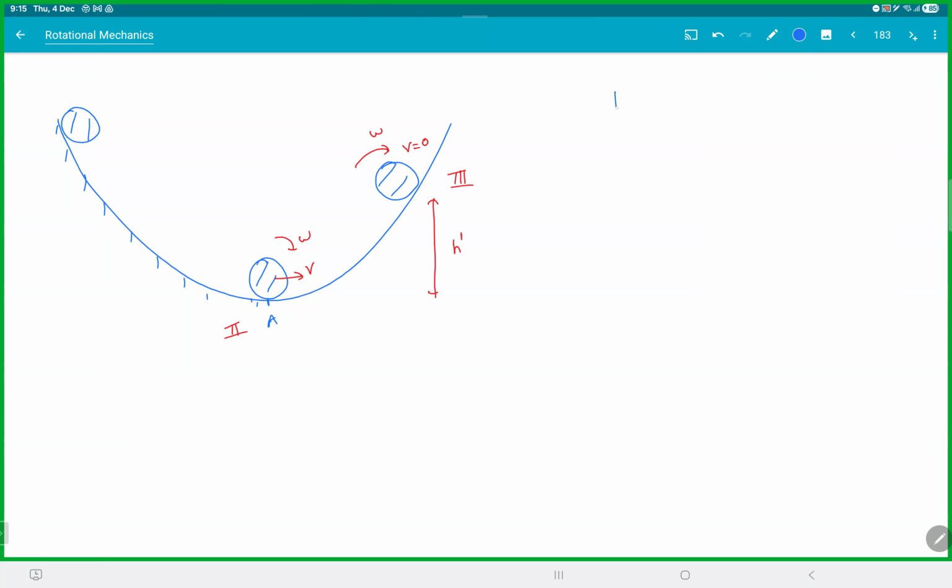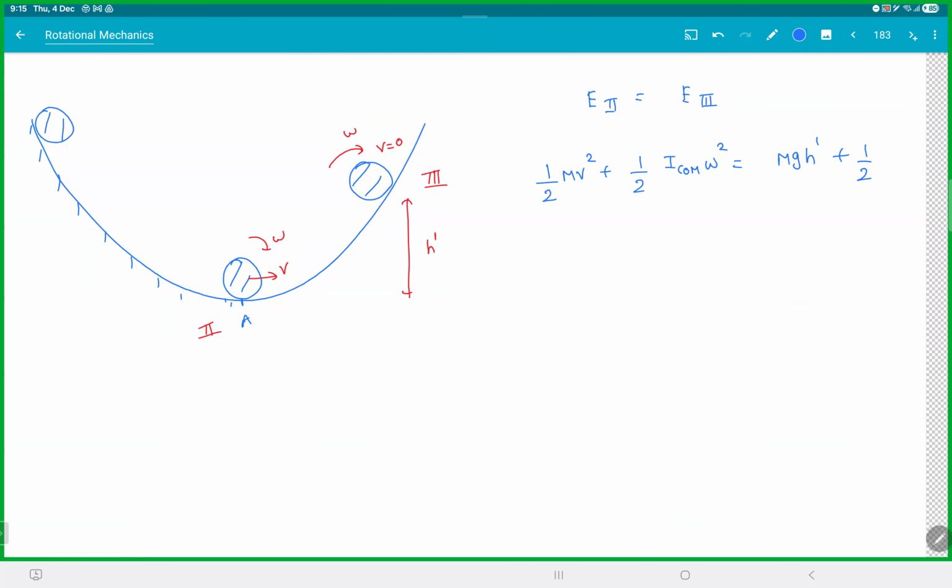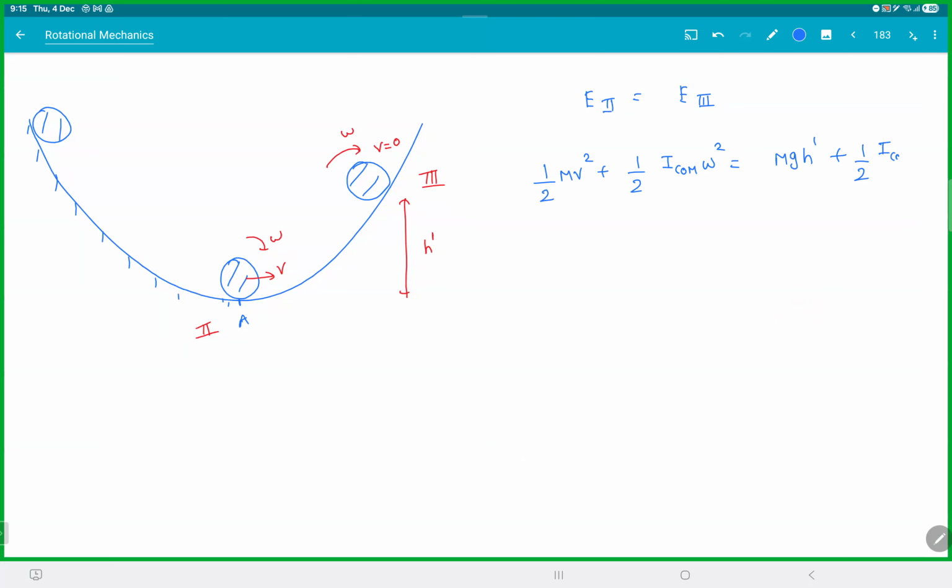Now if you conserve energy between state 2 and state 3, you can clearly see only the translation energy, half mv square, becomes potential energy. Half mv square plus half I omega square will be mg h dash plus half I omega square. What is v square? 10gh by 7.